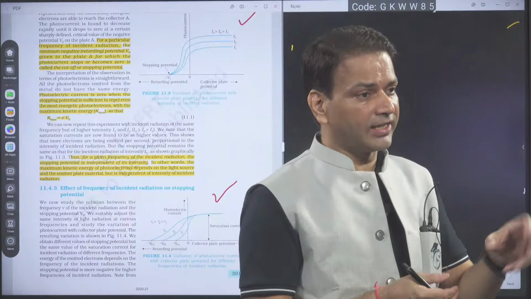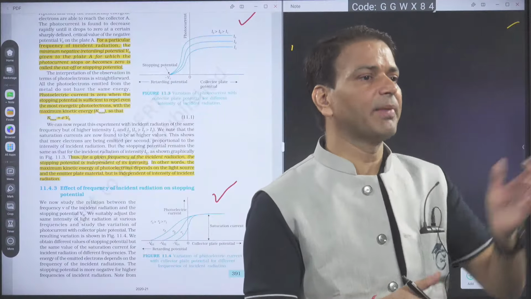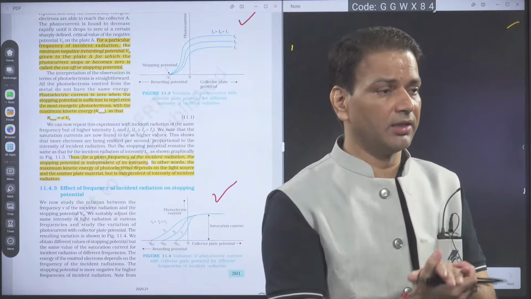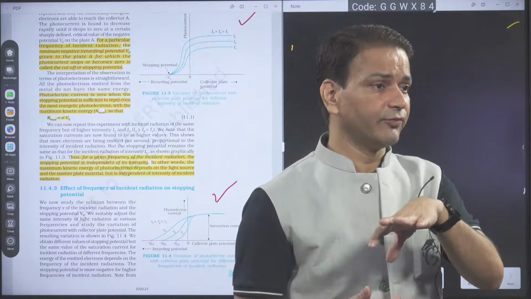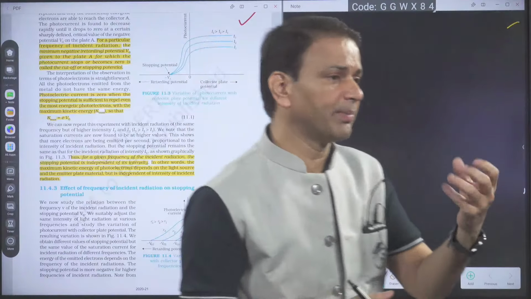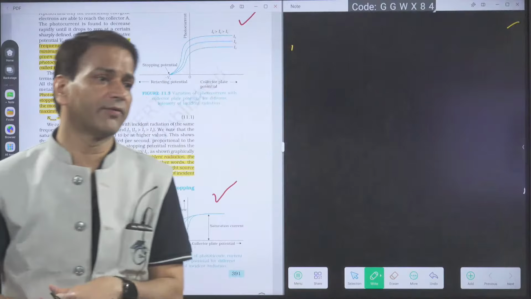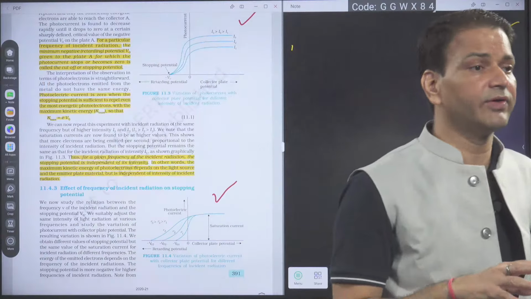So frequency will decide the maximum kinetic energy of the photoelectron. Suppose the energy of the photon becomes 6 eV, same metal with work function 2 eV, then what is the maximum kinetic energy? 4 eV. So the maximum kinetic energy of the ejected photoelectron depends upon the frequency of the photon. When we increase the frequency of the photon, the maximum kinetic energy will increase.